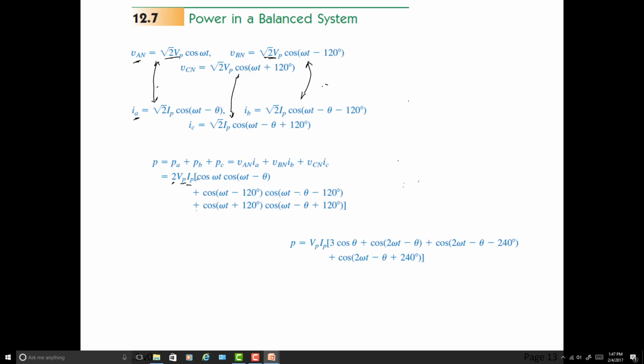Well, we have to remember, of course, it's trig function time, that cosine of omega t times cosine of omega t plus theta. Aha! Remember what this is? We could look it up.